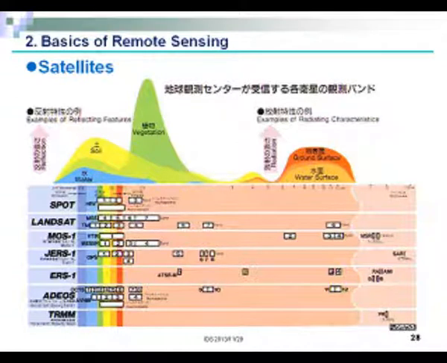SPOT, Landsat, MOS-1, JERS-1, ADEOS, and EOS are for visible or reflected IR remote sensing. For thermal radiation IR remote sensing, we have Landsat, MOS-1, and ADEOS. And for microwave remote sensing, we have ERS-1, TRMM, and EOS.